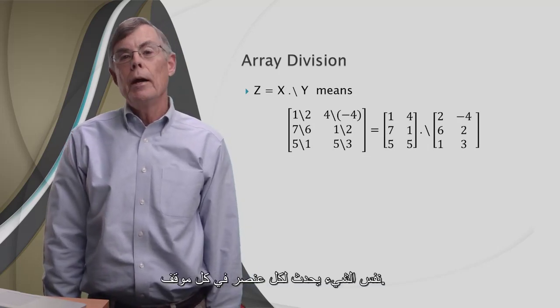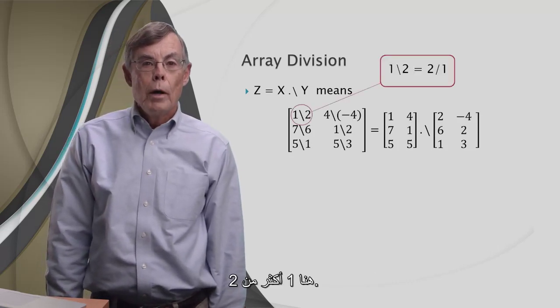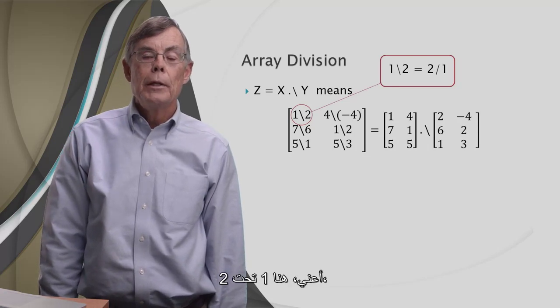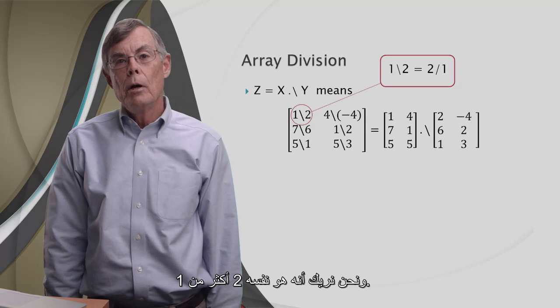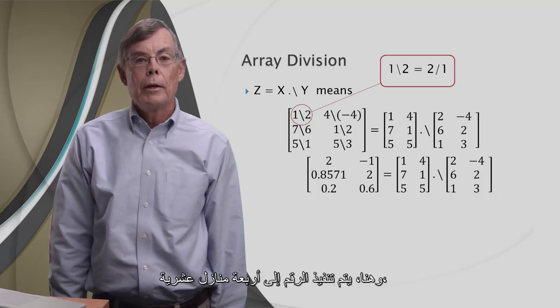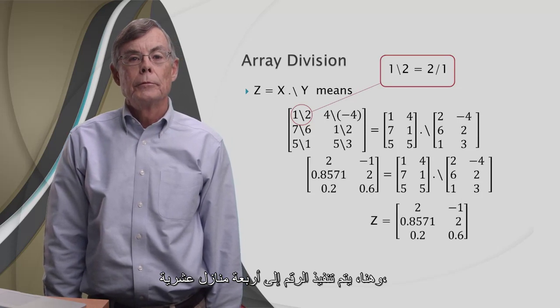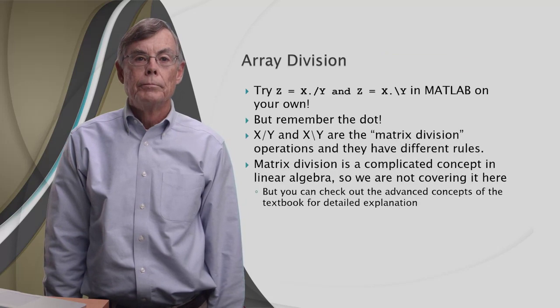Same thing happens for every element at every position. Here's 1 over 2. Here's 1 under 2. And we're showing you that it's the same as 2 over 1. And here are the numbers carried out to 4 decimal places. And here's what you see when it's assigned to z.